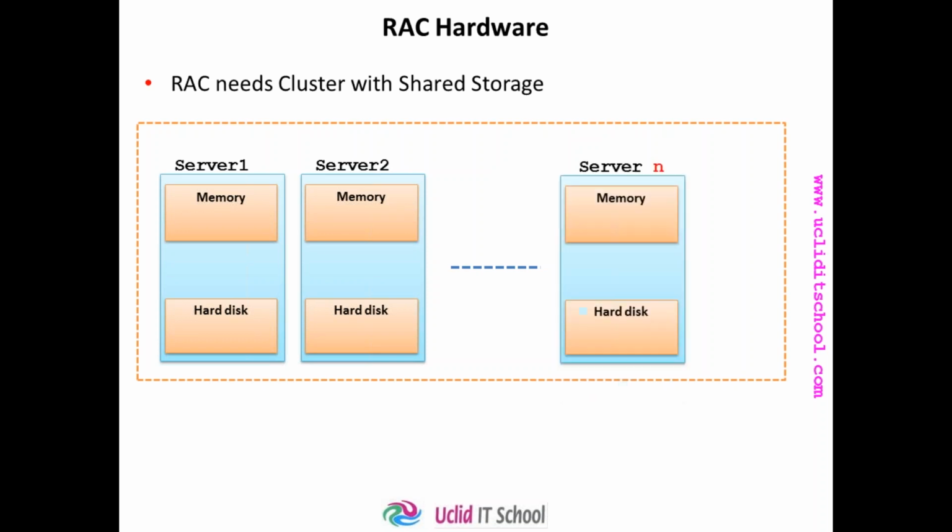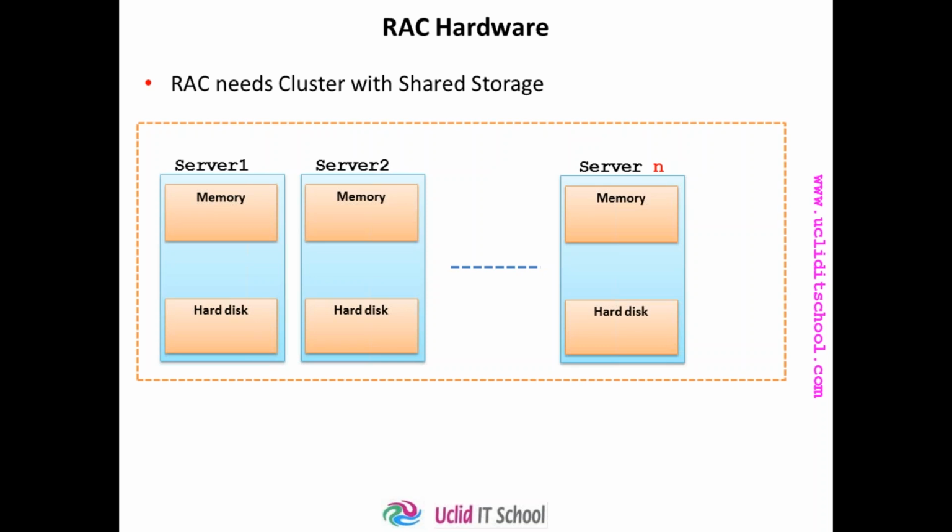Now, you can add more servers as required. How many servers depends on the clusterware that you use. If you use Oracle clusterware, which is a required clusterware, Oracle clusterware supports up to 100 servers in the cluster.